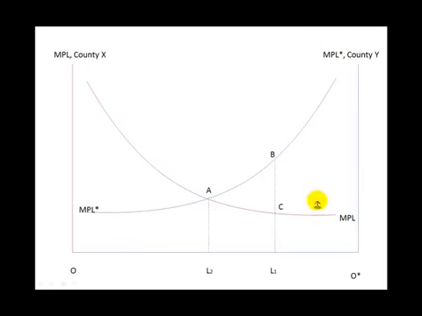And we see here, this is the total number of workers working the land will be L1, labour working the land.